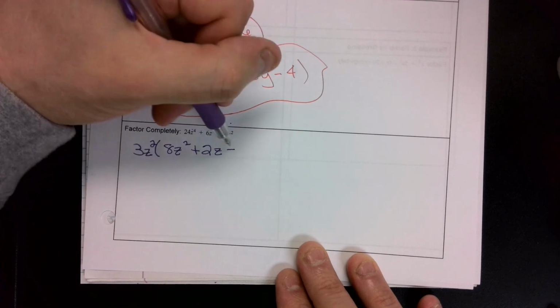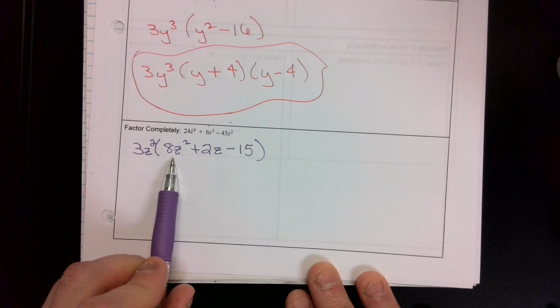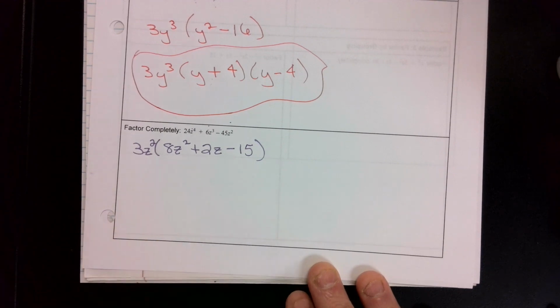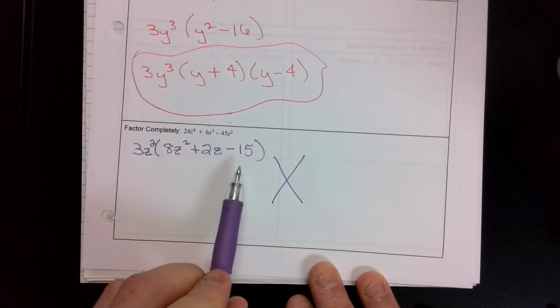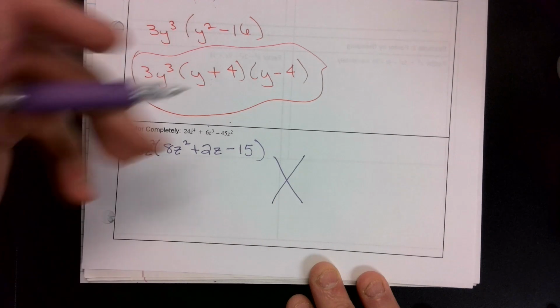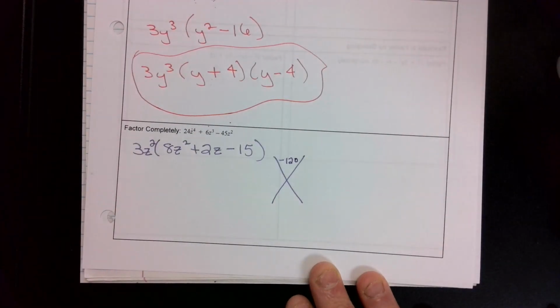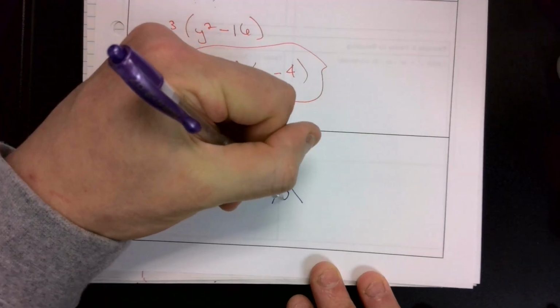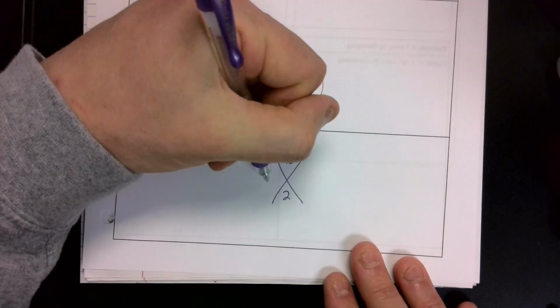And now when we look at this one right here, we can do our factor x process. And so on top, I'm going to go a times c, negative 15 times 8, which is negative 120. And on the bottom, I'm going to put 2. And so we need two numbers that multiply to get negative 120 and add up to get 2. And those are negative 10 and 12.